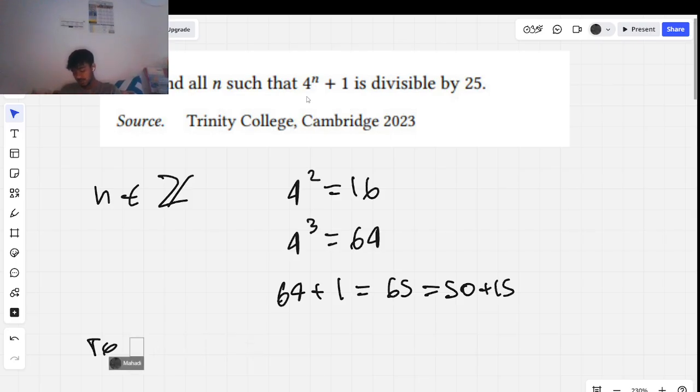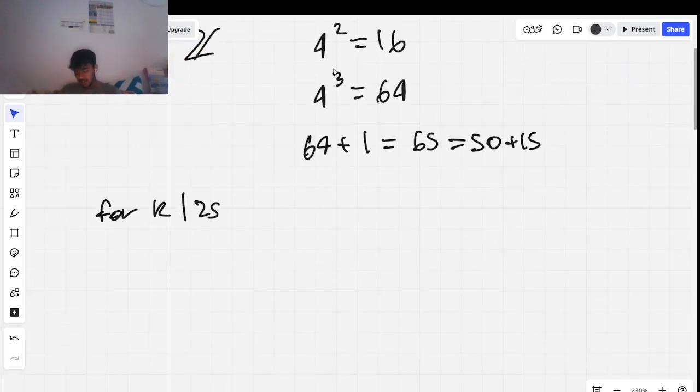To be divisible by 25, you must satisfy these two conditions. Actually, let me write it formally. For 4k to divide 25, k must divide 5, and k, no, no, sorry, that's not how you write it.